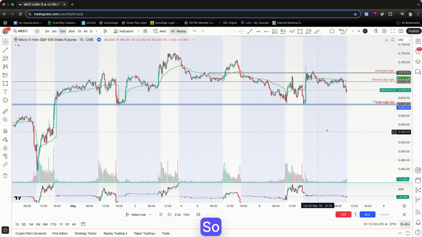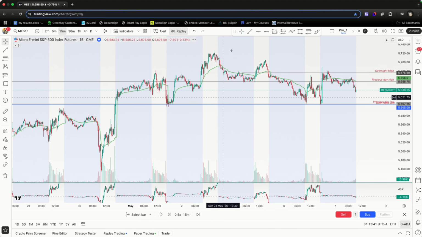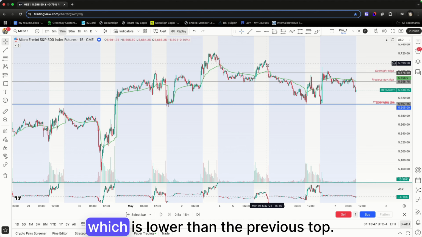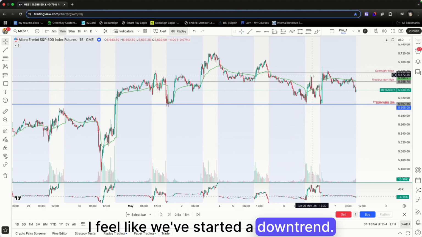Cool. So like what we said with the 1 hour time frame, right? We had a double top right here. Top, overnight session, top, which is lower than the previous top. Now, I feel like we've started a downtrend.